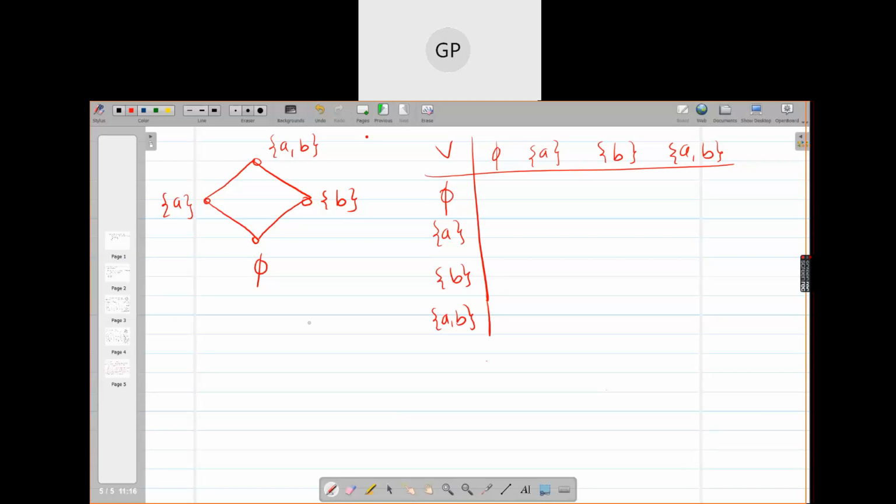Yes, tell me, what is phi join phi? Here A join B means A union B. So phi join phi will be phi union phi, so that will simplify, right? Now what is phi union singleton A?